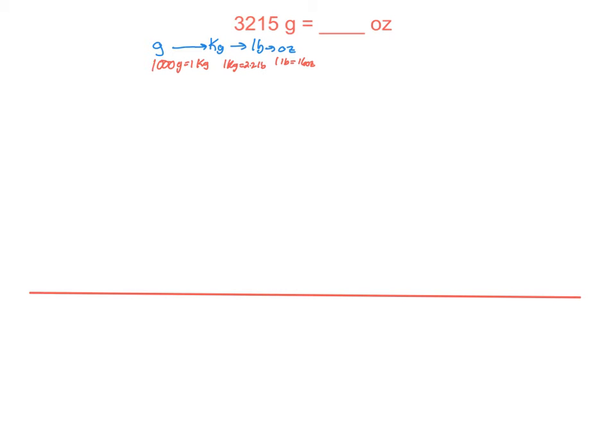If I'm using proportions, you're going to use these conversion factors as ratios. So I'll start with one conversion factor that I know to be true, and that is 1 kg is equivalent to 1,000 grams. This is a ratio here. And I'm going to set that equal to an equivalent ratio of grams to kilograms. And in this problem, I know the number of grams.